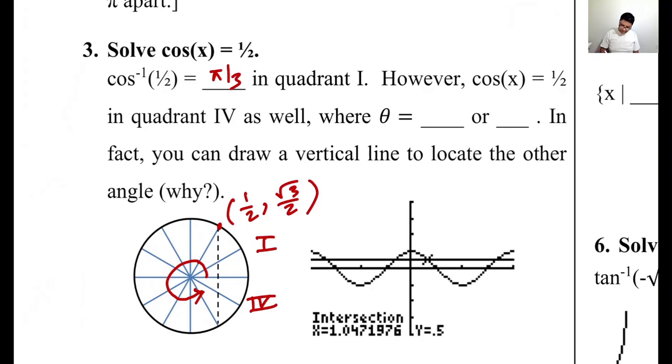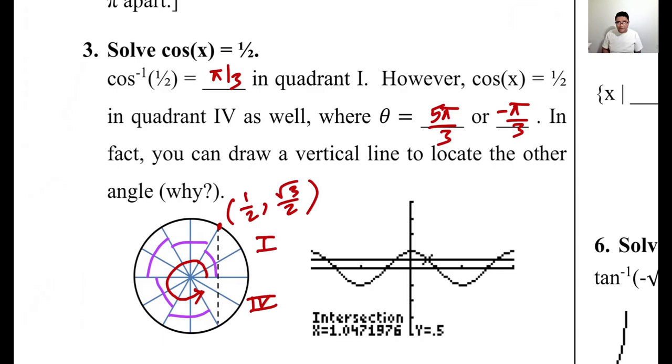Total will be 6 pi over 3. Out of that, 1 is taken, so 5 pi over 3. Or if you want to write as a negative angle, you will say minus pi over 3. Okay. I'll count and show you. 1 pi over 3, 2 pi over 3, 3 pi over 3, 4 pi over 3, 5 pi over 3.